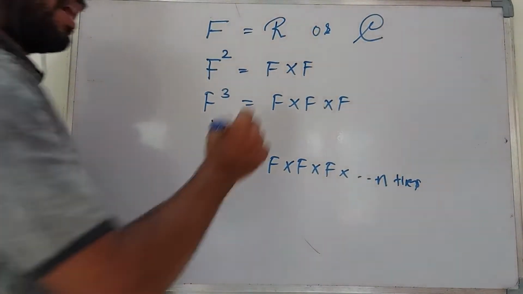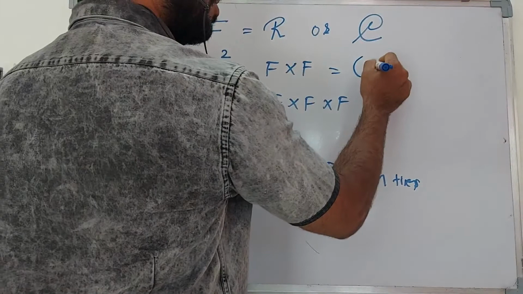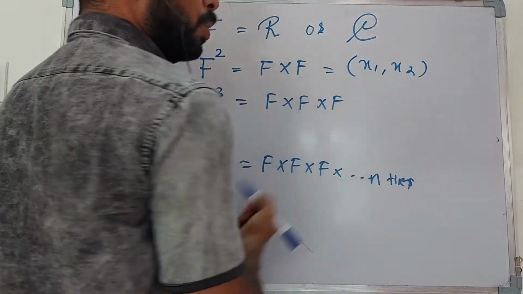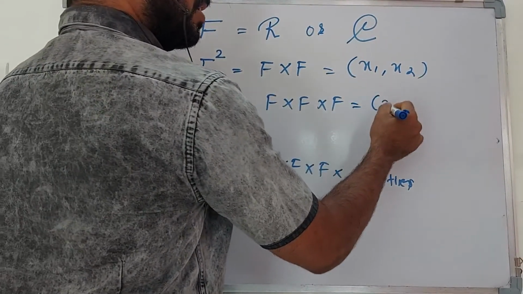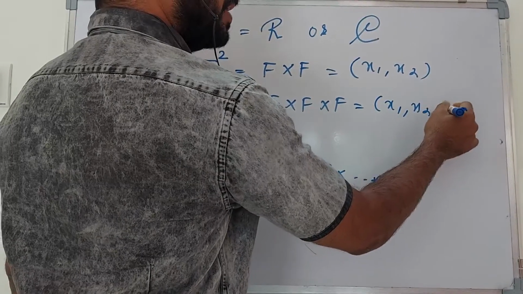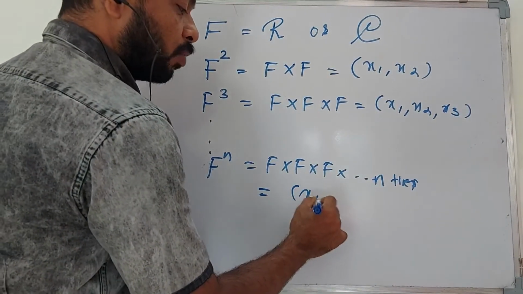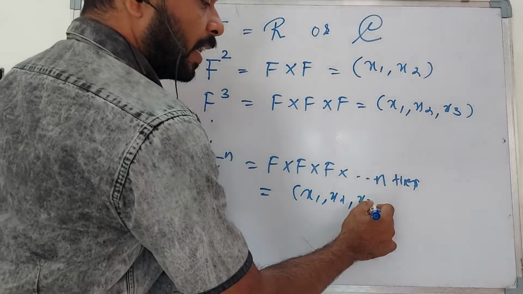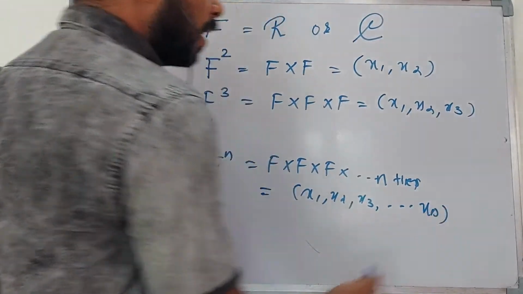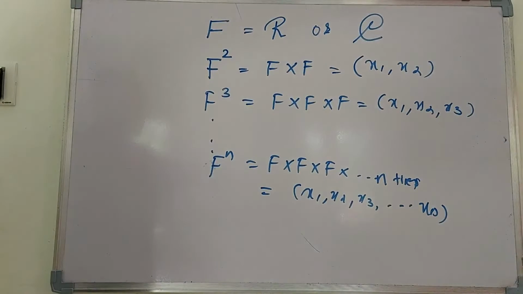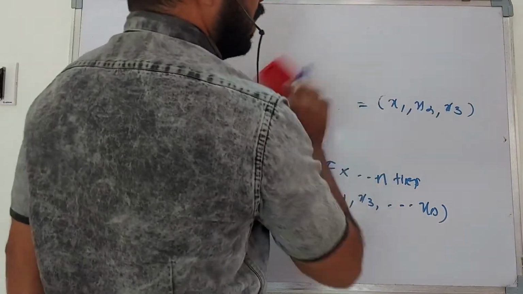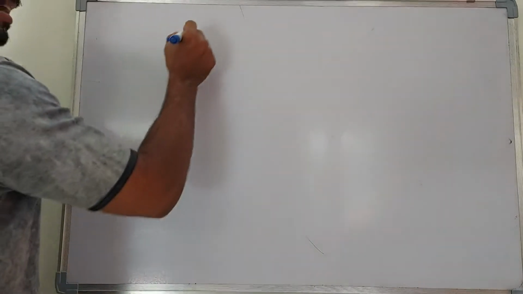For a set F, we define F2, F3, etc., Fn. F2 is the set of all ordered pairs x1, x2. F3 means the set of triplets of the form x1, x2, x3, etc. Fn is x1, x2, x3, etc., xn. In general, we consider the space Fn. How do we define addition and scalar multiplication in Fn?